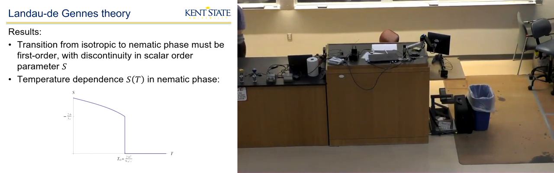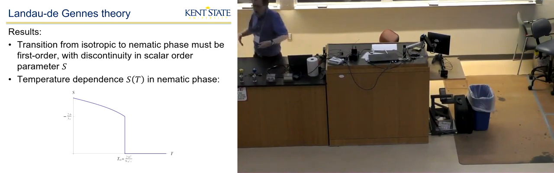Whereas the one up there is first order, meaning that the order parameter itself is discontinuous. And so, that is a prediction which comes just from thinking about the symmetry of the transition without needing further input about molecular aspects of the transition.